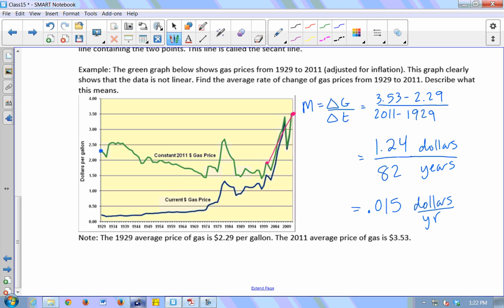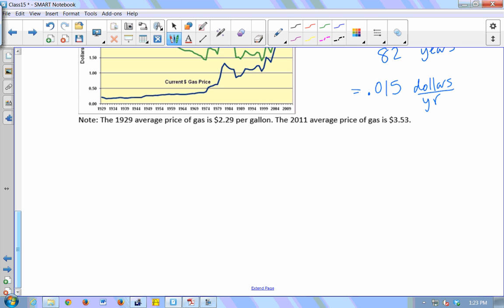But if I connect 1929 to 2011, not as steep, right? So the rate of change on average is less. So I could write this as $0.015 per year or 1.5 cents per year.